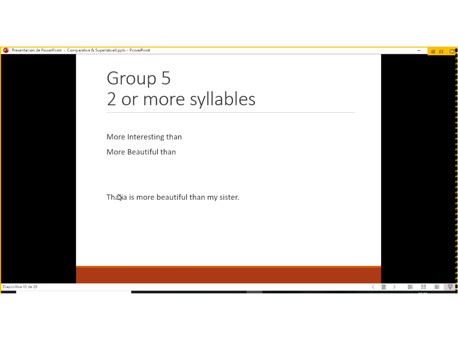For example, interesting. It has 3 syllables, so we add more: more interesting than. Beautiful, it has 3 syllables. Beautiful, so we have more beautiful than. Example, Talia is more beautiful than my sister.